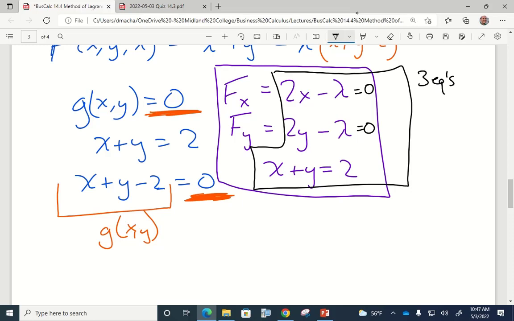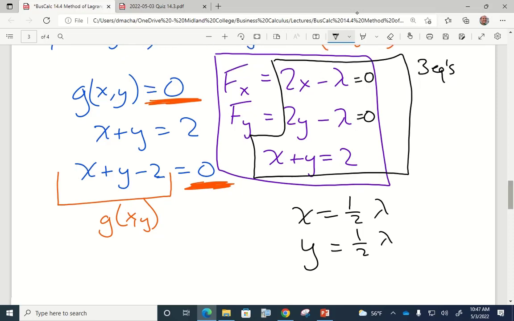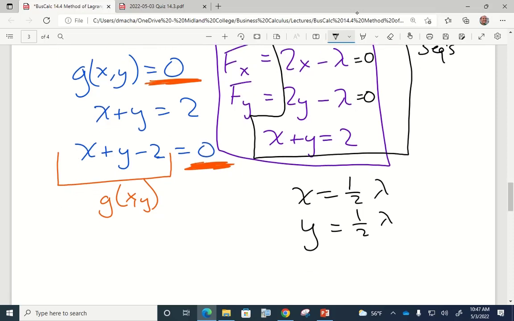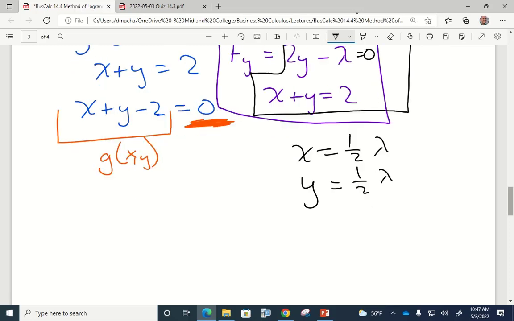My first equation tells me that lambda is equal to 2 times x, or I could write it x is equal to 1/2 lambda. My second equation tells me that y is equal to 1/2 lambda. And then my third equation tells me that x plus y is equal to 2. So let me just substitute in 1/2 lambda plus 1/2 lambda is equal to 2.